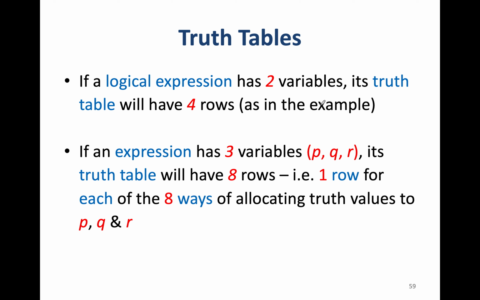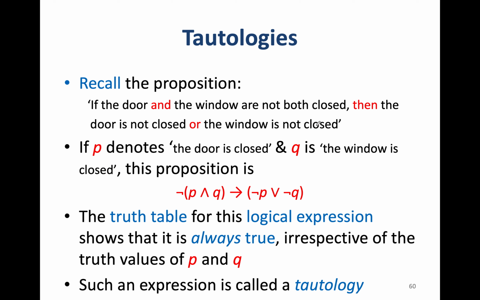Now, if a logical expression has 2 variables, the truth table will have 4 rows. If there are 3 variables, then it will have 8 rows. As we said, the number of rows is equal to 2 to the power of the number of propositions, and so on.